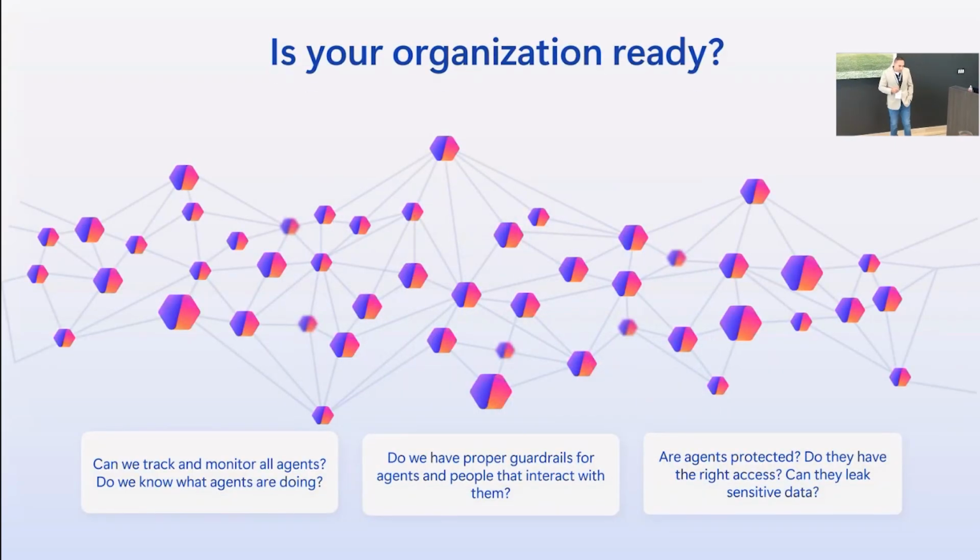So is your organization ready? Are we asking the right questions? Can we track and monitor all agents today? Do we know what agents are doing? Do we have proper guardrails for agents and people that interact with them? Are agents protected? Do they have the right access? And can they leak sensitive data?